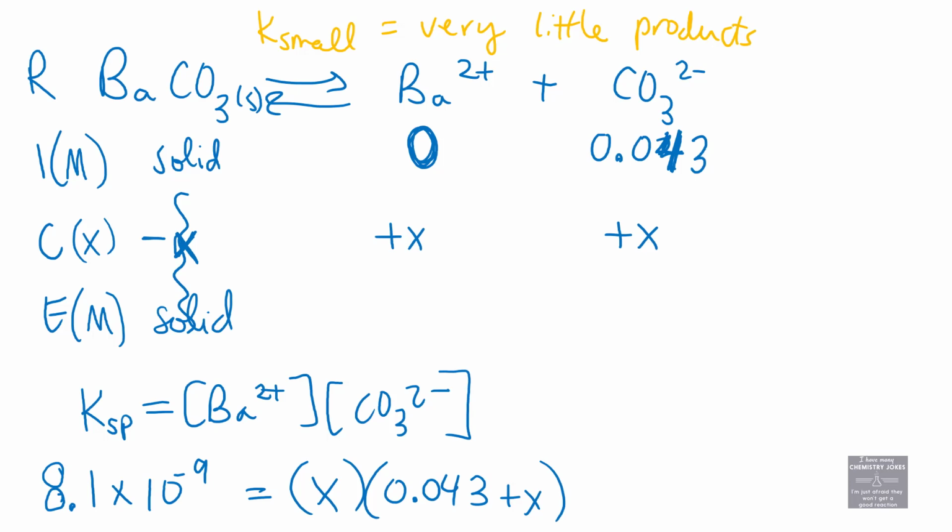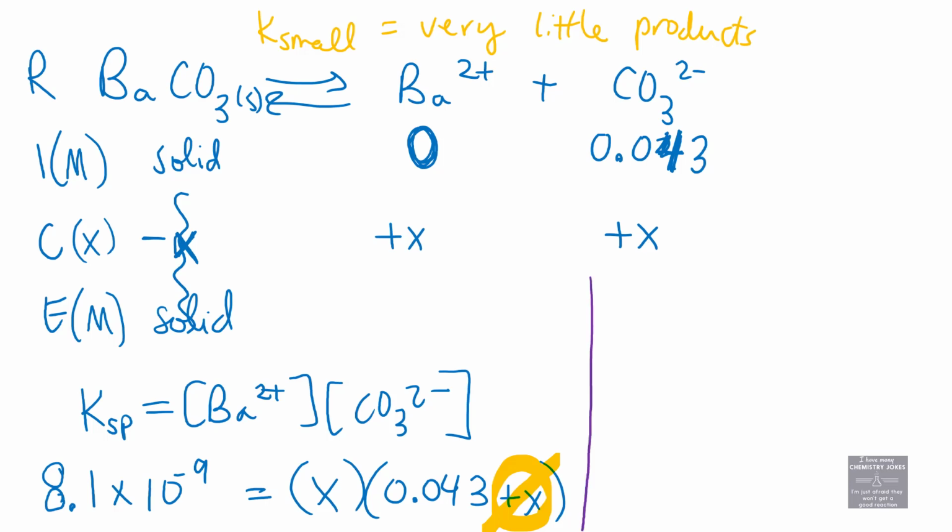So we get to say, let's pretend that this x doesn't exist. I do not get to ignore that x, but the one that's added or subtracted from the other number, I get to ignore.